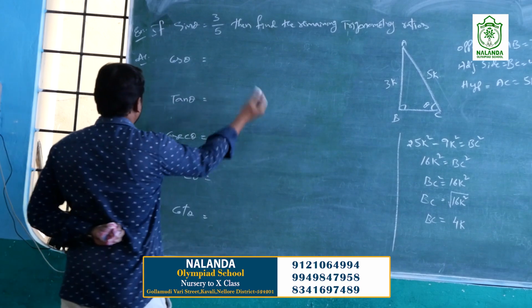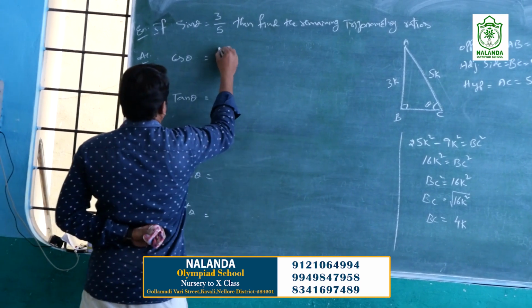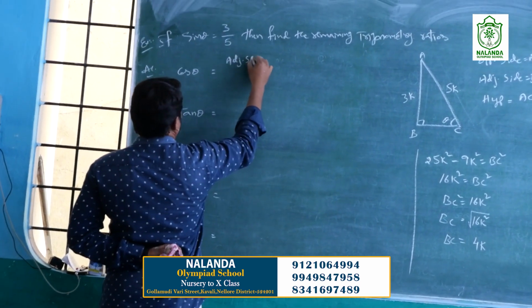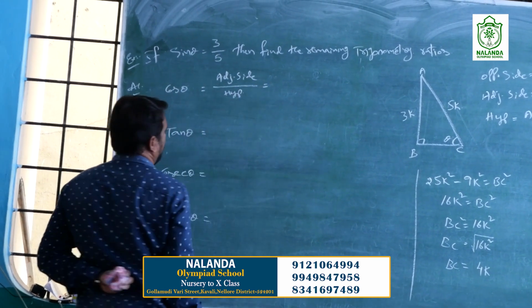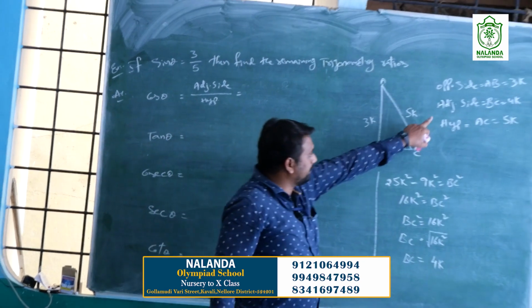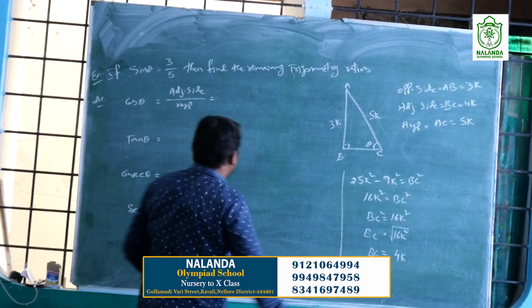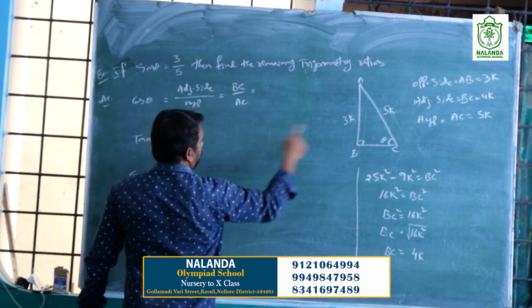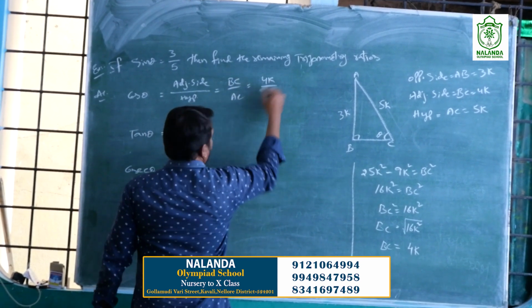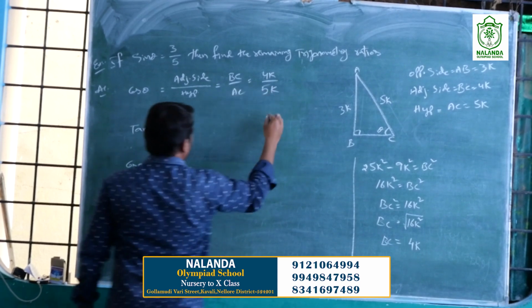Cos theta, we know the definition, is adjacent side by hypotenuse. The adjacent side is BC and the hypotenuse is AC. So BC is 4K and AC is 5K.